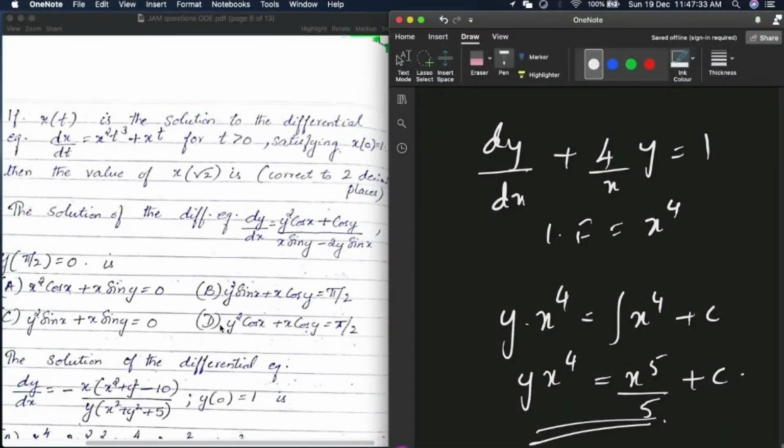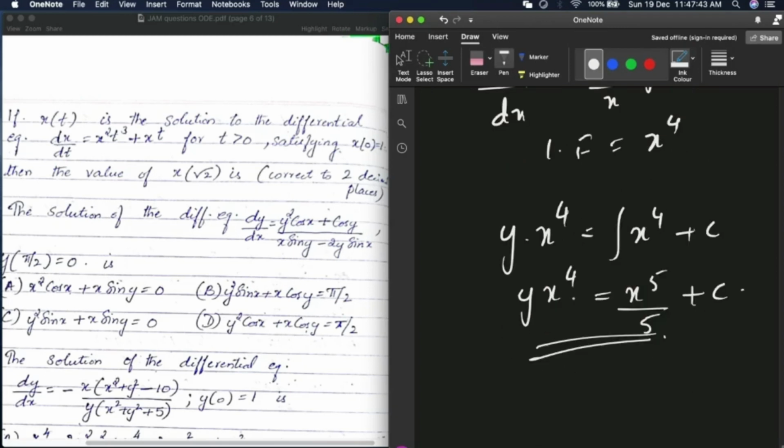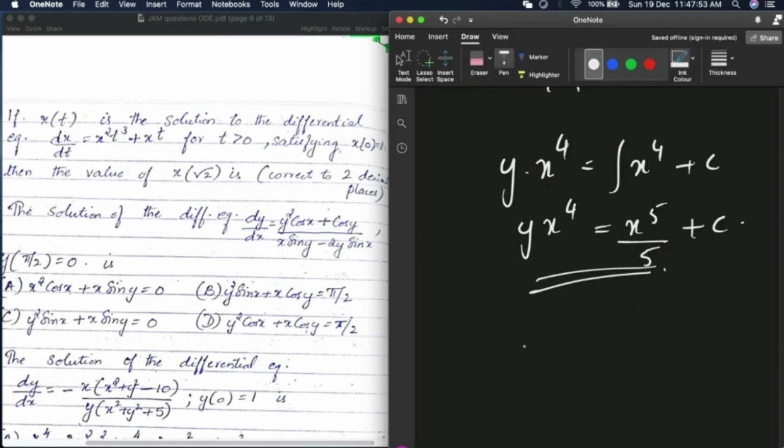That's again a linear differential equation, no? Not linear. So we get dx by dt is equal to x squared t cubed plus xt.